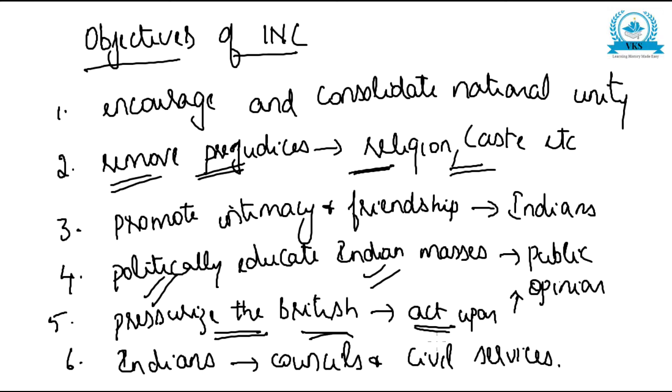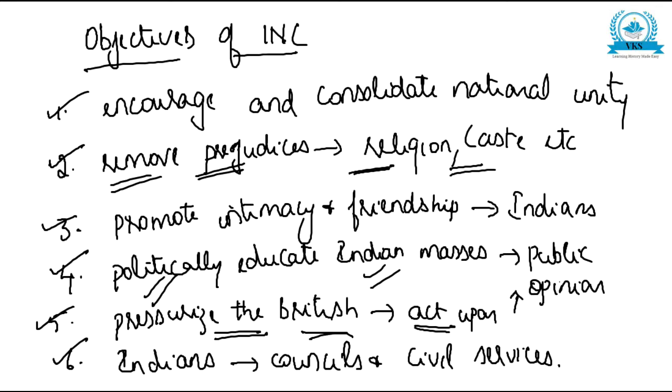So all these were the objectives of the Indian National Congress: to encourage and consolidate national unity, to remove prejudices of religion, caste, province, etc., to promote intimacy and friendship among Indians, to politically educate Indian masses and to form a public opinion, then to pressurize the British to act upon the public opinion, and finally to include more Indians in councils and civil services.